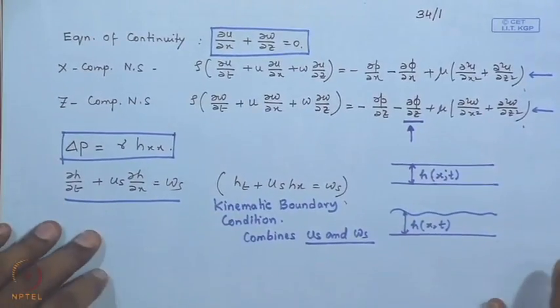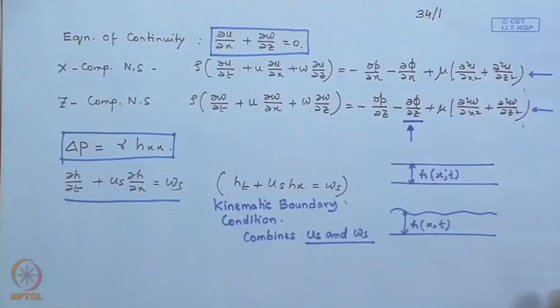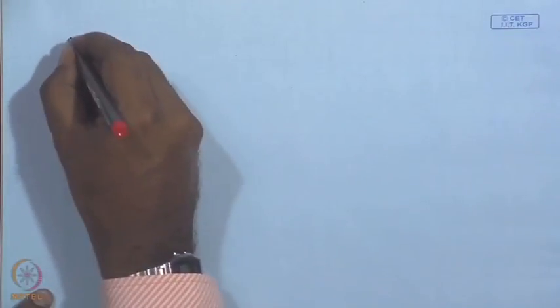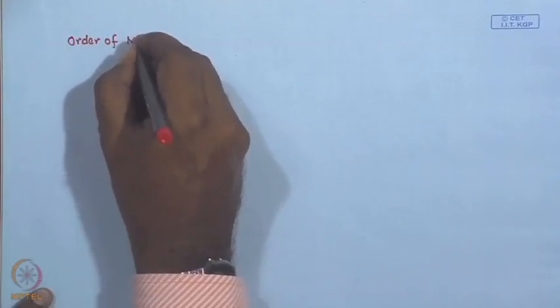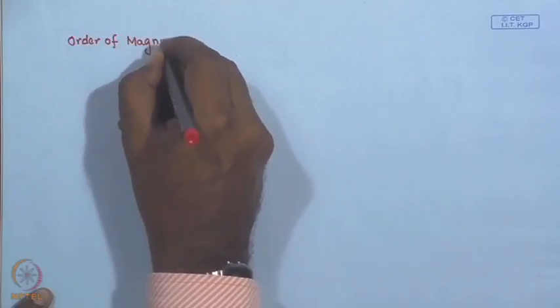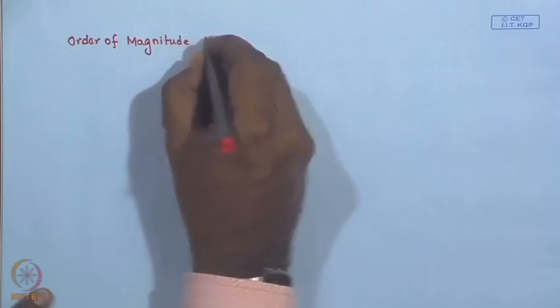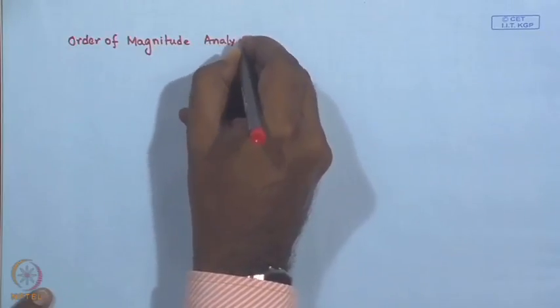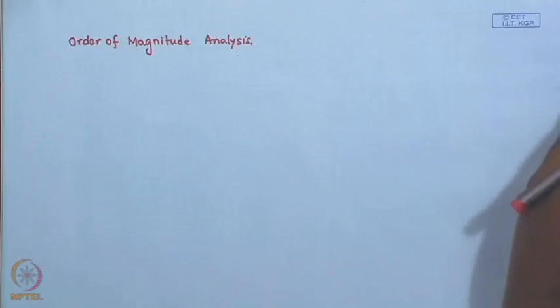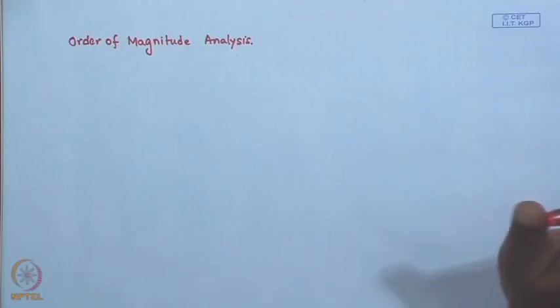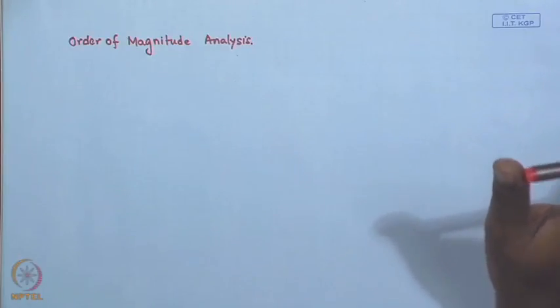The next thing that we will do is what is known as order of magnitude analysis. This is a very common practice that gives an idea about the scaling or the orders, and is very common in heat transfer as well as in fluid dynamics.